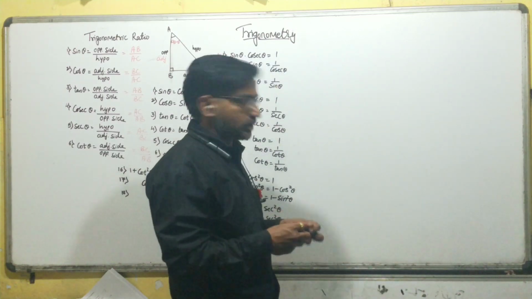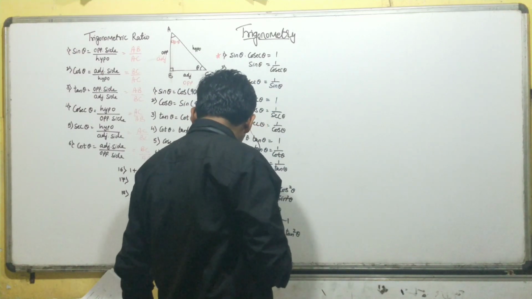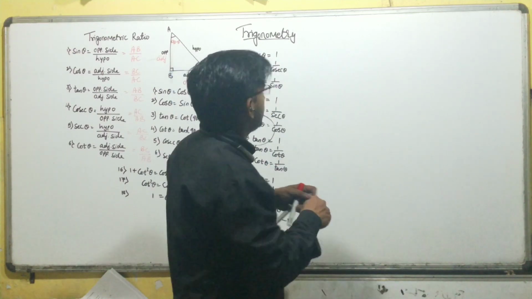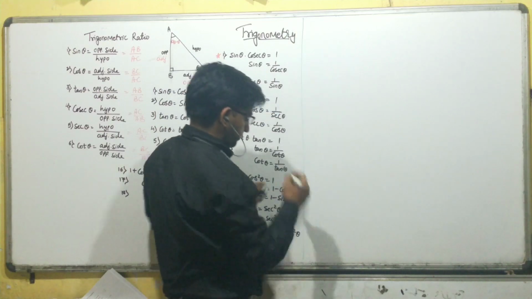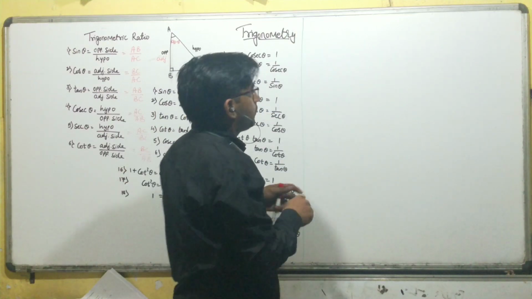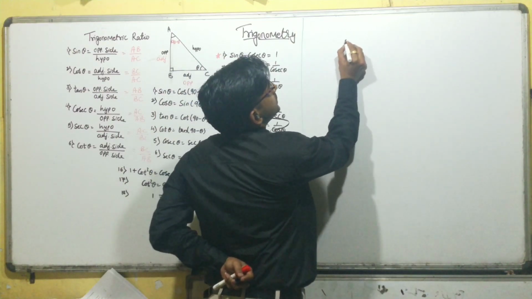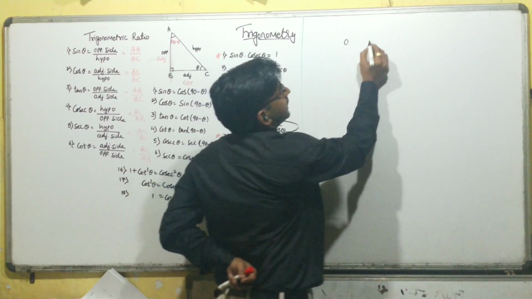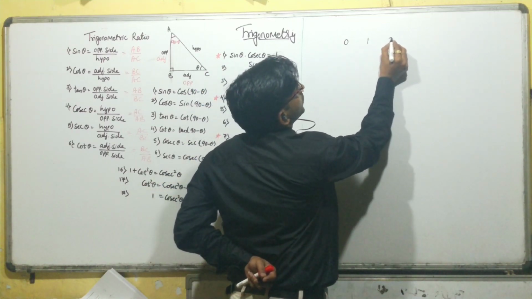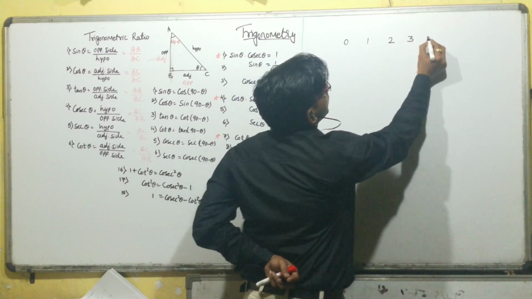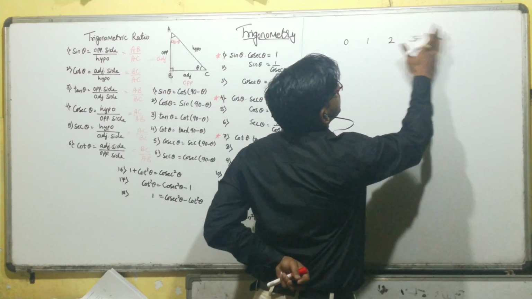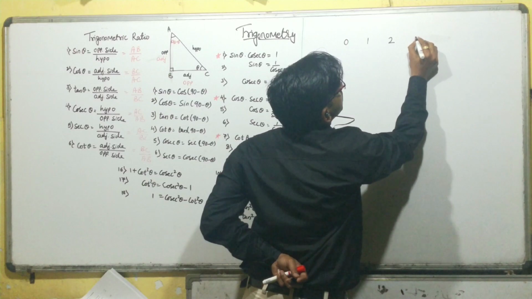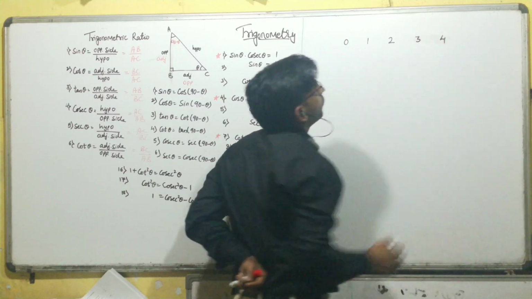Before going to write that trigonometric table, the only thing you need to write, see what we are going to write. First we'll write 0 and leave some space. 1, 2, 3 and 4. Okay, this becomes too close. This is 3 and this is 4.